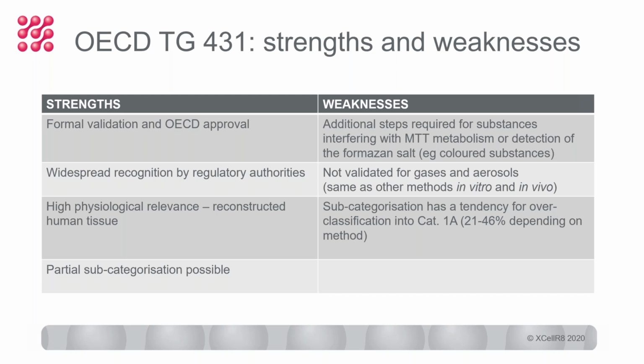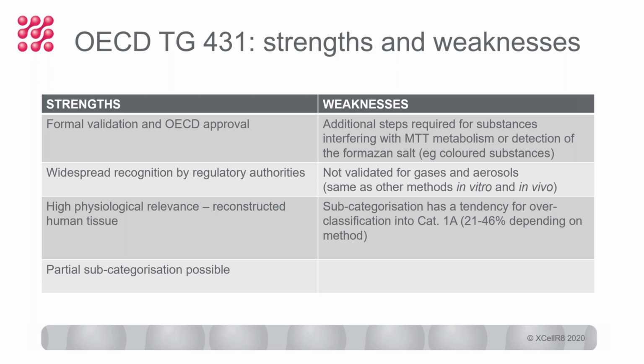It does have some weaknesses, and it's important to keep in mind that some coloured chemicals may interfere with either the metabolism or the detection of MTT. And so preliminary steps are built in prior to actually getting on with the test itself, just to identify any chemicals that might cause interference.